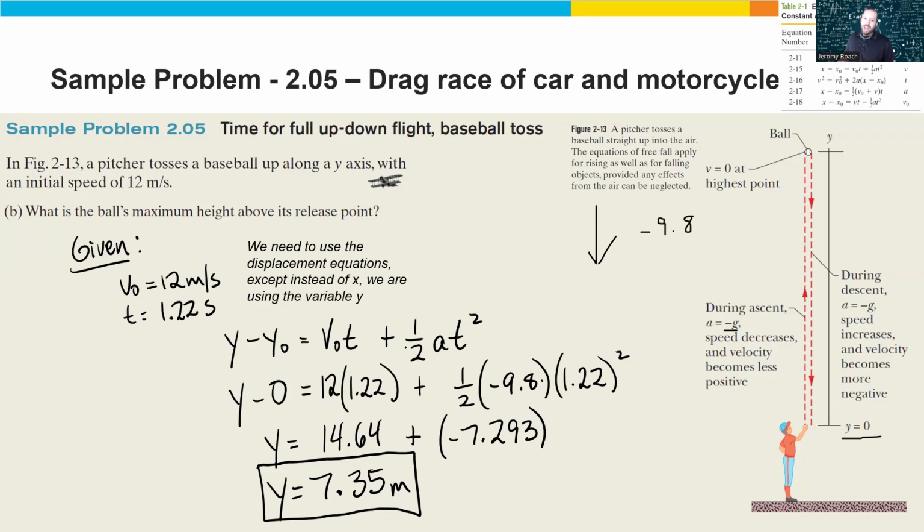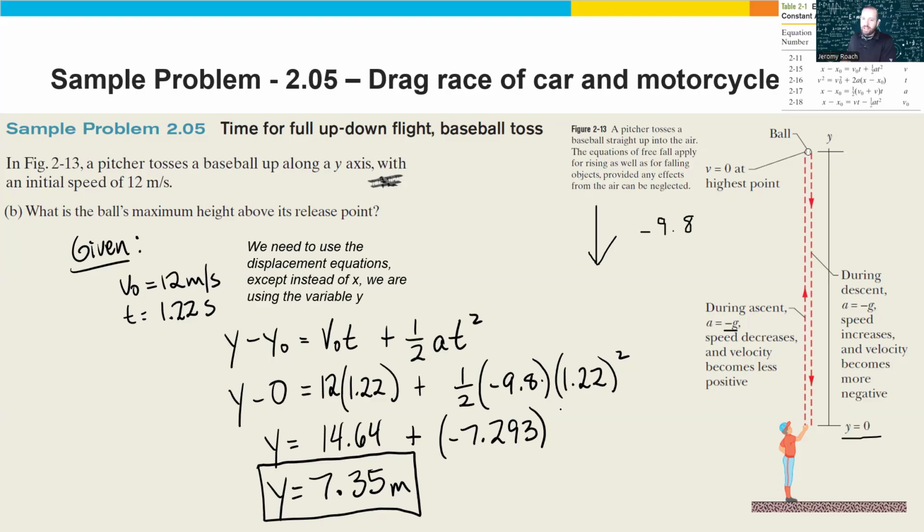We're adding acceleration in the downward direction, you can think of it like that. So we're accelerating down, so it's negative 9.8. And then the time, we're just squaring the time, 1.22 squared. So y equals 12 times 1.22, which gives us 14.64, plus 1/2 times all of this over here.